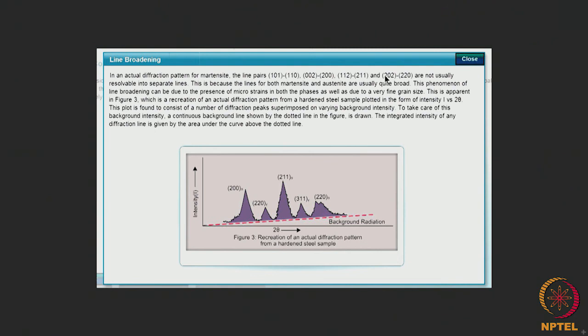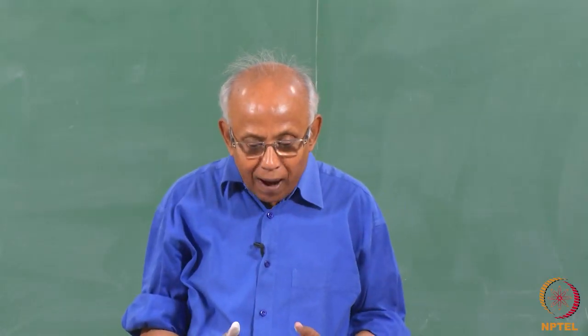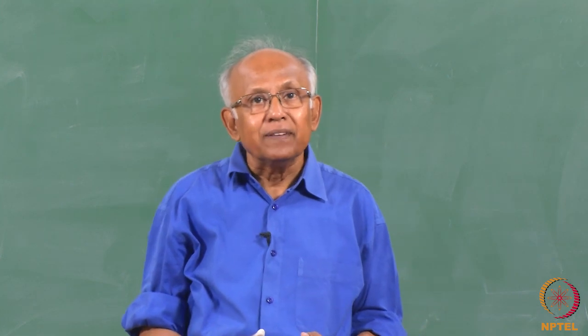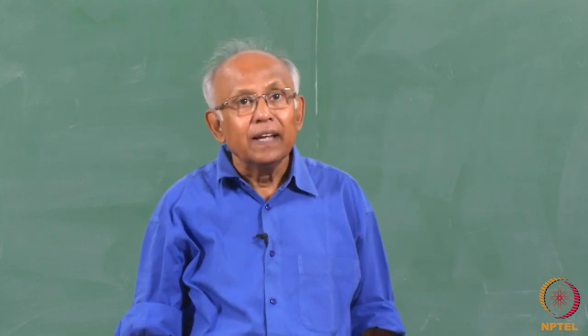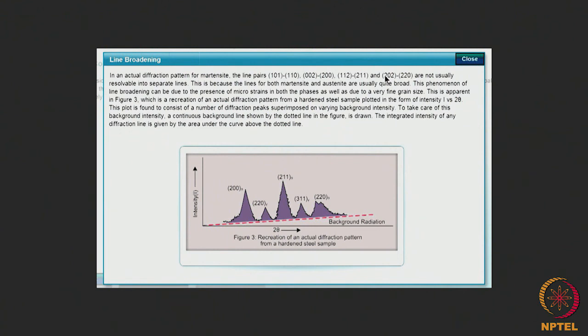But the resolving power would have to be very high in order to see these as distinct lines, and it is normally not possible. Moreover, because of the presence of micro strain and the fineness of the grains, the lines show some broadening. As a result, each of these doublets will appear as one line.